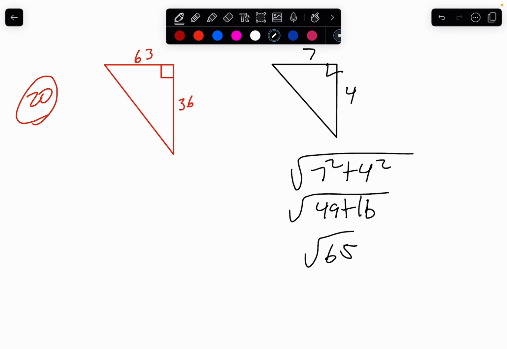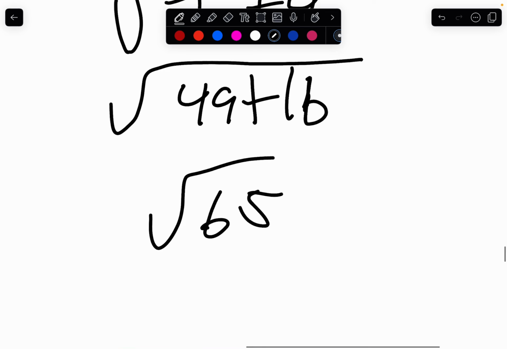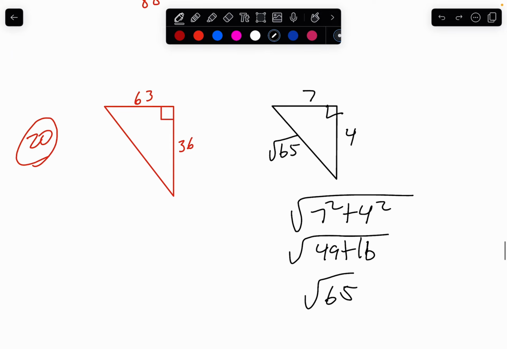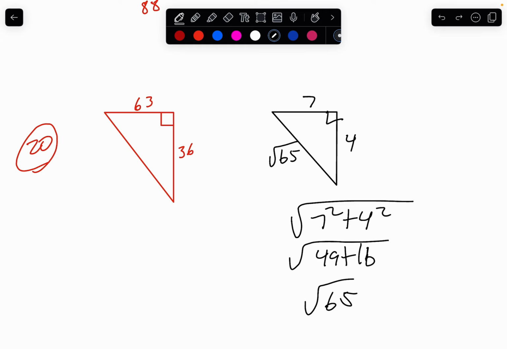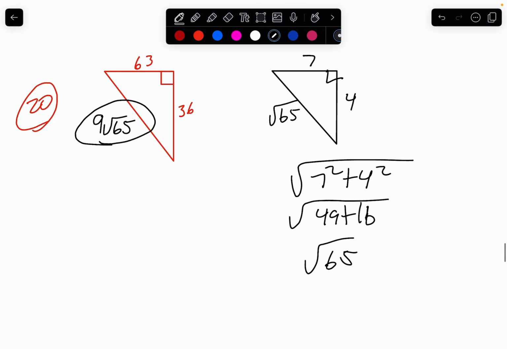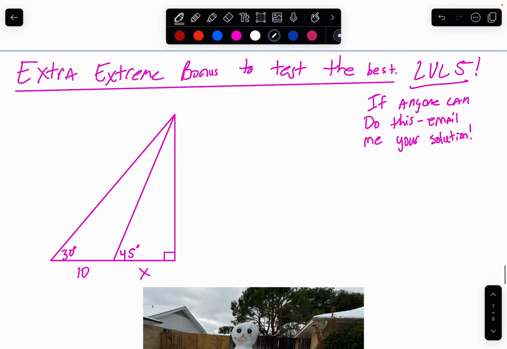So that's the square root of 65. Now that's kind of a funky number. Let's check that out. What is 5 times what? 5 times 13. Yeah, so there are no perfect square factors. We would have to simplify that if possible, but it does not simplify. So we divided by 9 to get there, so we multiply by 9 to go back home. Perfect.